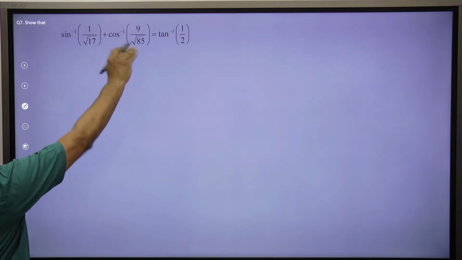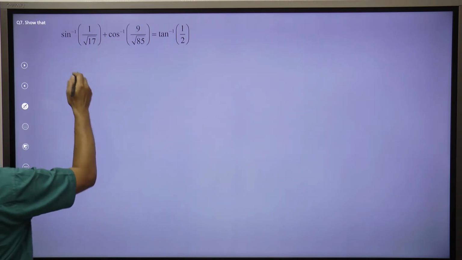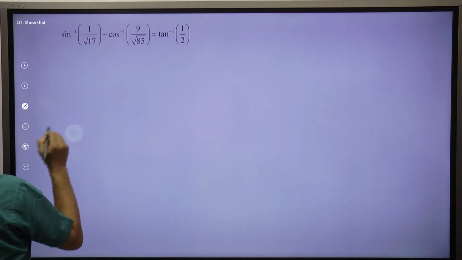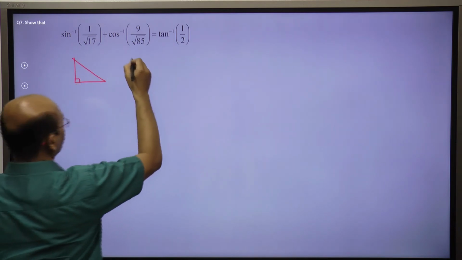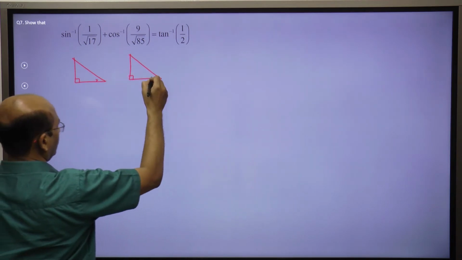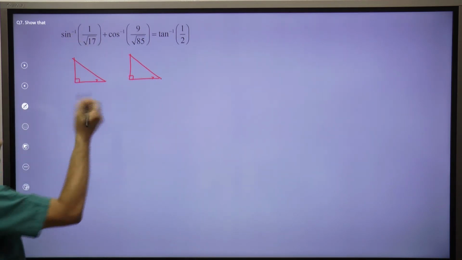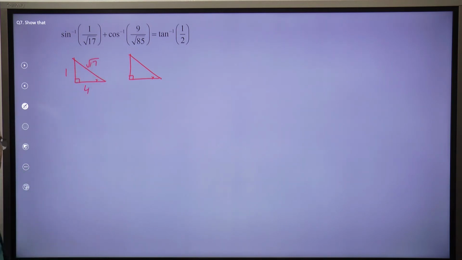So sine inverse x plus cos inverse. Now I told you, you can do anything you want, it depends on you, right? So convert this, you can use the right angle triangle and work it out. This also you can use the right angle triangle. There are different Pythagorean triplets. I am talking about theta here. Sine is opposite upon hypotenuse, 1 root 17. This will become 4, right?